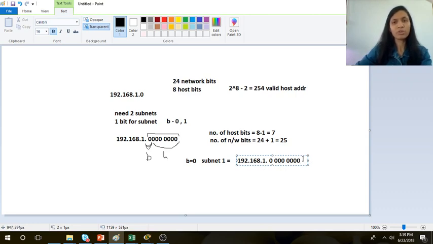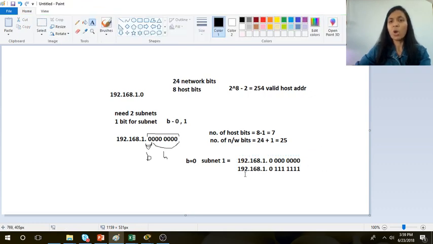This is going to give you the network address for subnet 1, and we will find out the broadcast address for subnet 1, which is going to be 192.168.1 dot. The subnet bit is 0 and the host bits are going to be all ones. Your broadcast address is basically when you put your host bits equal to all ones. The network bits are going to be as they are.